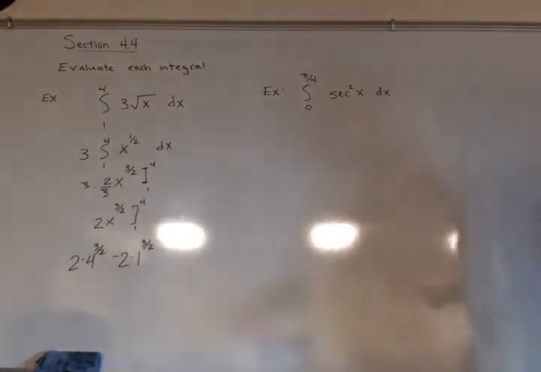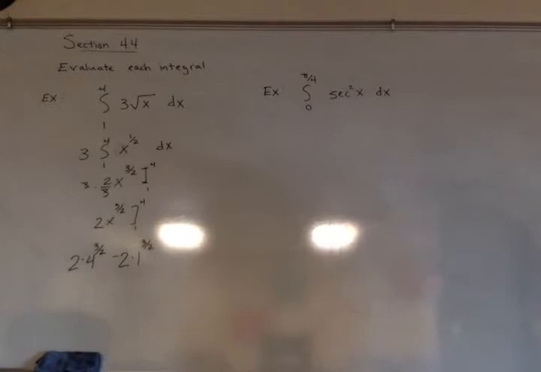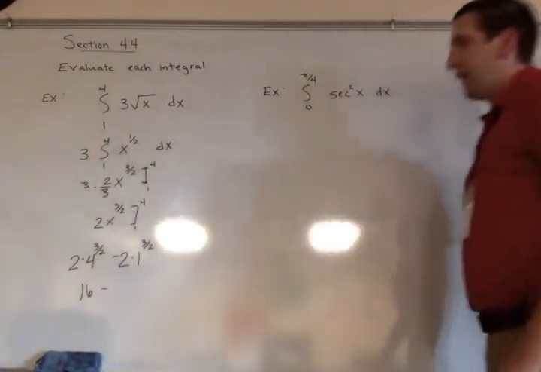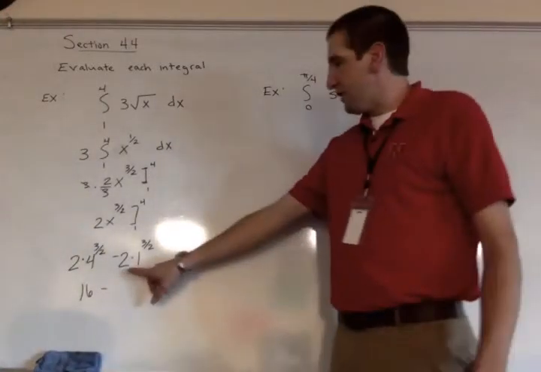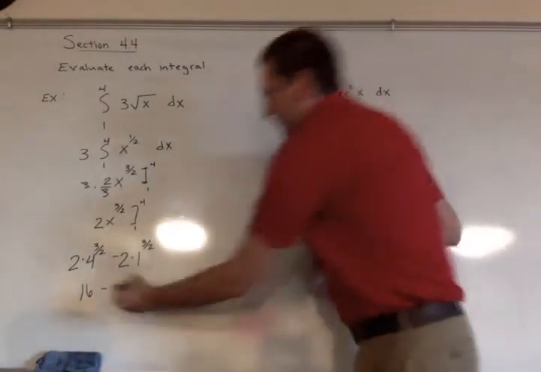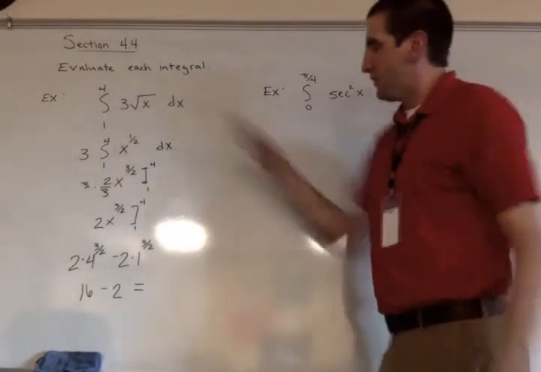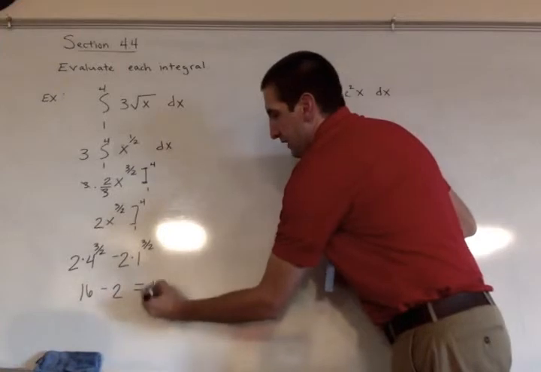And if I calculate that, 2 times 4 to the 3/2 would give us 16. And again, you can just use your calculator for that. And then 2 times 1 to the 3/2 would just give us 2. So if we evaluate this original integral, we get 14.